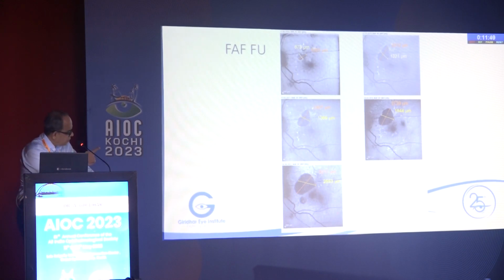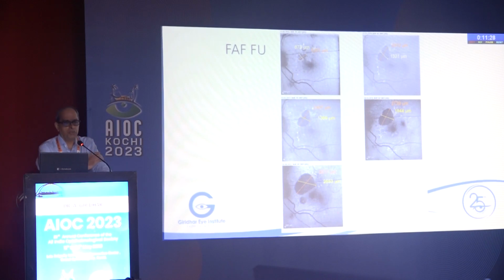Now, what do you see in this particular photograph here? Quickly, because Rajendran will ask me to stop. Hypoautofluorescence. Now, what do you see in this photograph from top to bottom? You see the area of hypoautofluorescence is slowly increasing.